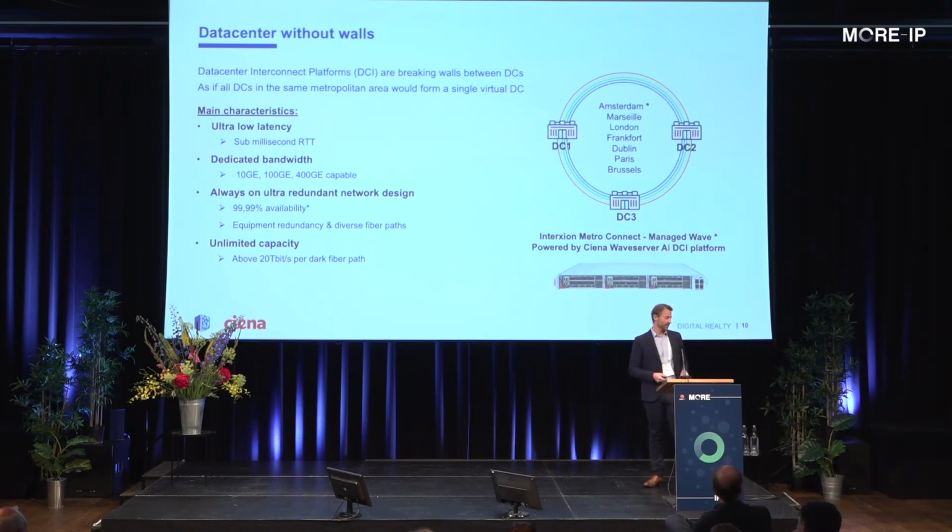The leading data center operators, including Interxion, have all deployed very high capacity optical networks between their data centers in the same metropolitan area. There is another form of connectivity that we are going to touch on a little later: the end user connectivity to the edge, or to the cloud edge.